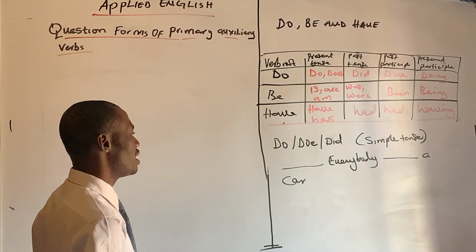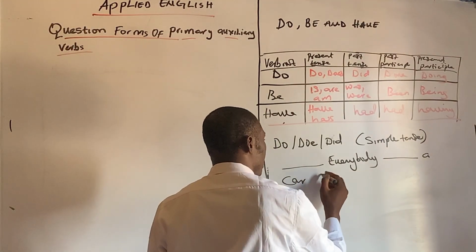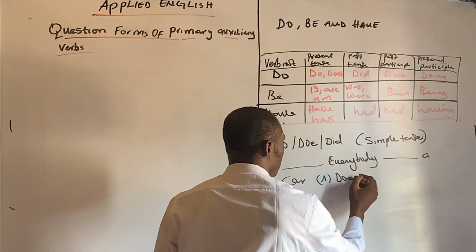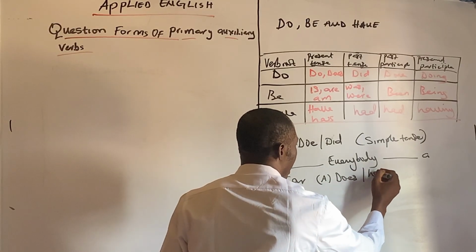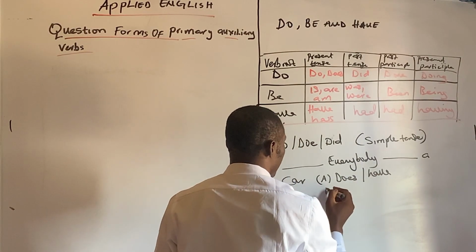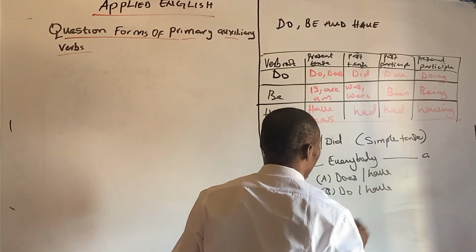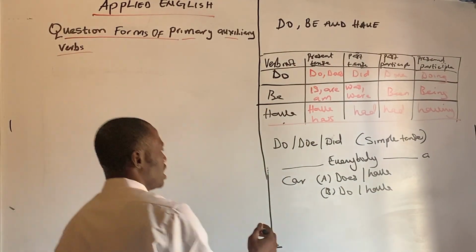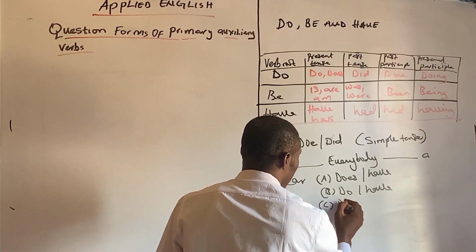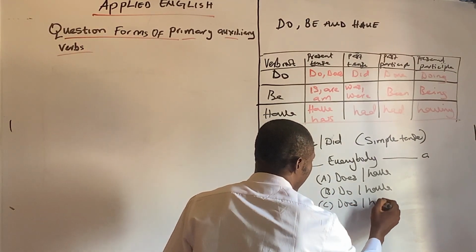If we have A, does everybody have a car. B, do everybody have a car. Then C, you can also have does everybody has a car.